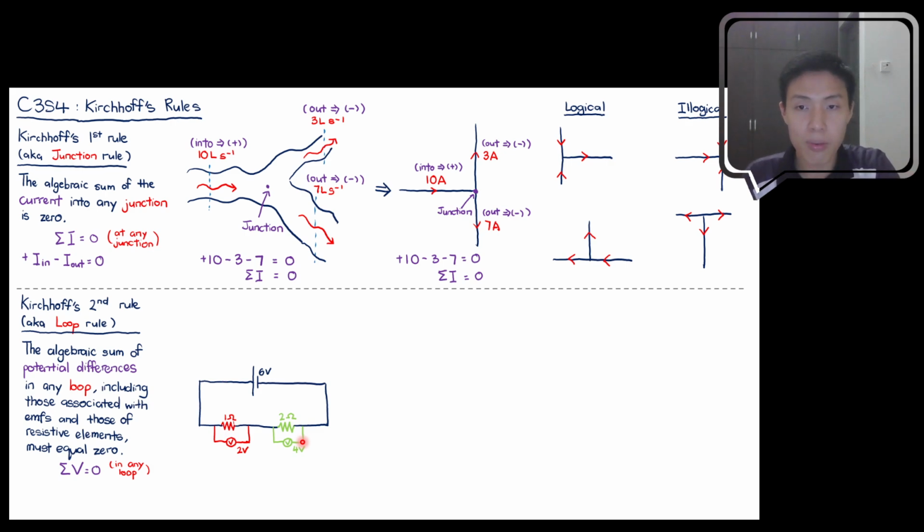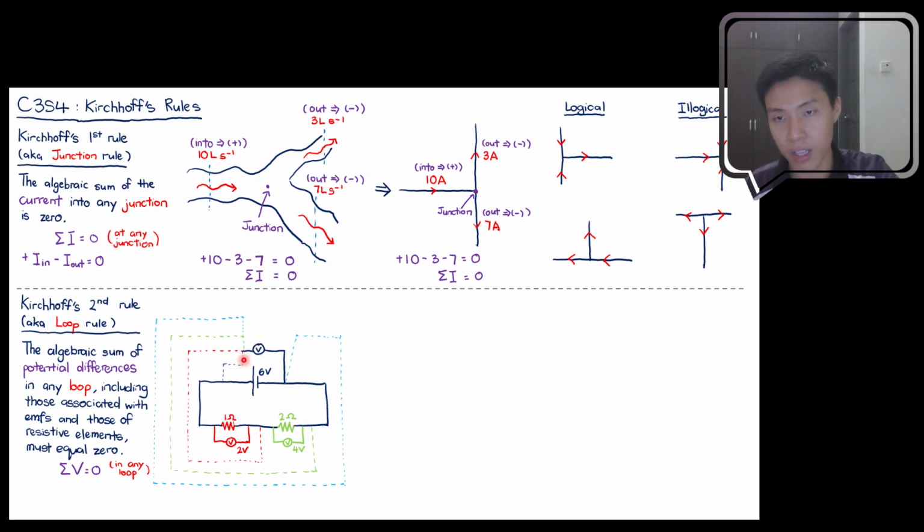I'm going to set up by introducing a voltmeter. The voltmeter will have one leg connected on this side of the circuit, and the second leg will be connected to different points along the circuit, so we can study the voltage across two different points. For the first part, I'm going to connect my leg at this fixed point, and the second leg using this purple line to this point over here.